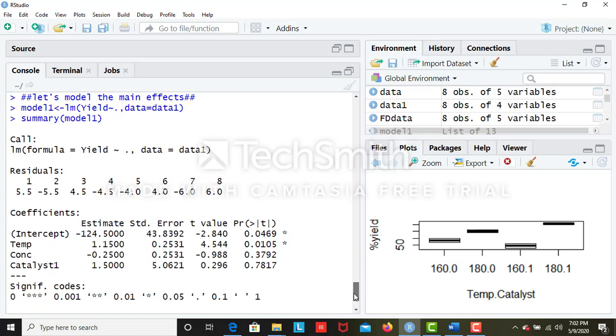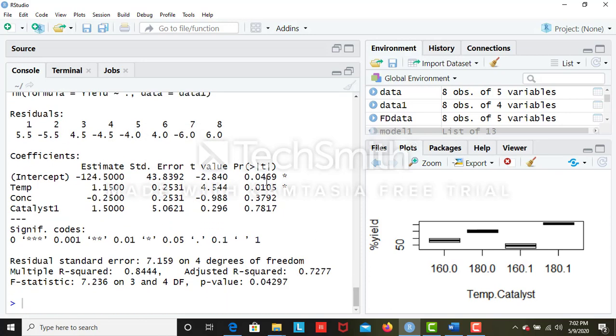You can see that among the coefficients, only two are significant. Temperature and the intercept are both significant. The other main effects, concentration and catalyst, are not significant. So only temperature will significantly affect the yield, which is the response variable.